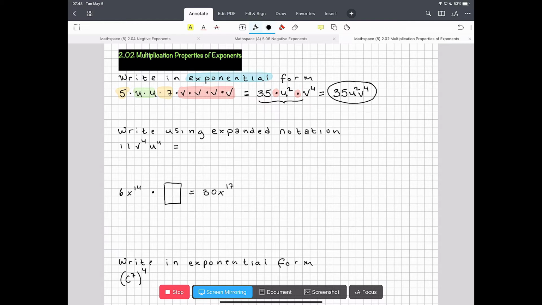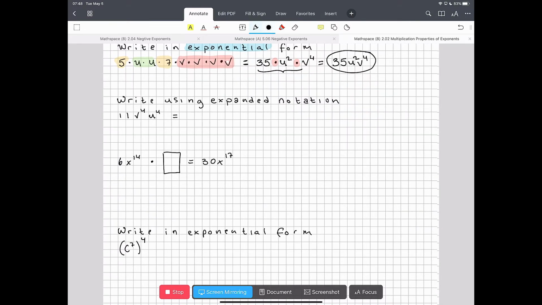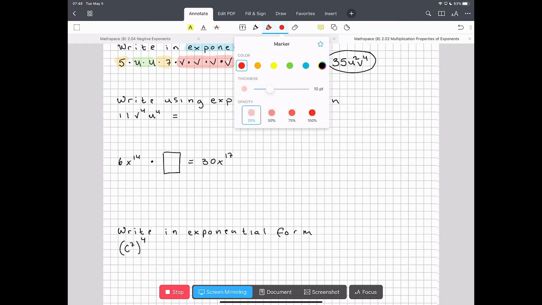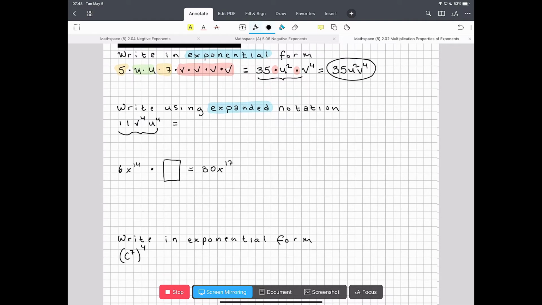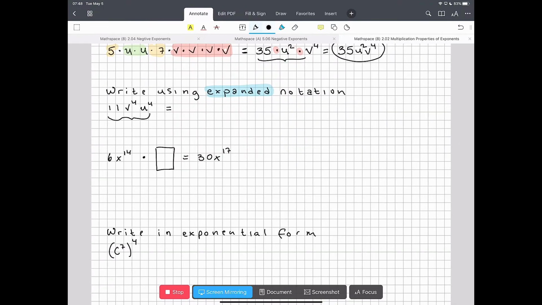The second question is asking us to write using expanded notation. So again, make sure you're reading the instructions carefully so that you're answering the problem. Well, we've got a statement in exponential form, and now it wants expanded. So we're going the opposite way of what we just did in the first problem. So we're going to expand this one out.